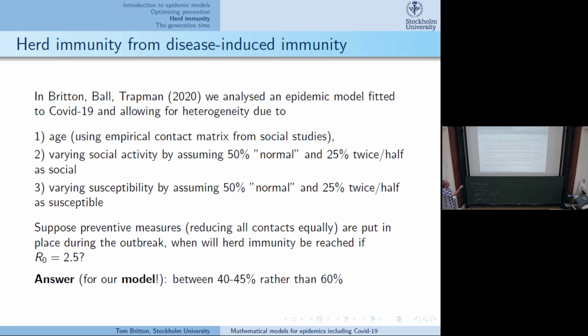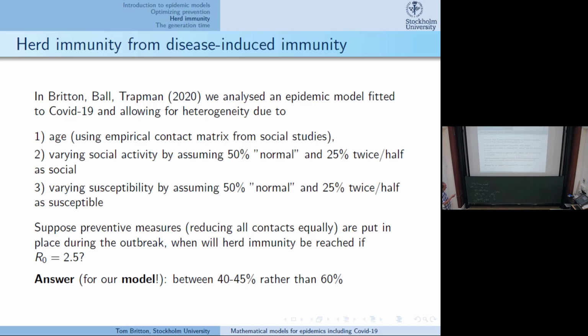We did this for social activity, and also for varying susceptibility, but we assumed that these two were independent. So we categorized individuals into different age groups, but also how socially active they were, how susceptible they were, and, if infectious, how infectious they were. We had three categories of each, and we tried to calibrate this to the outbreak that we observed.